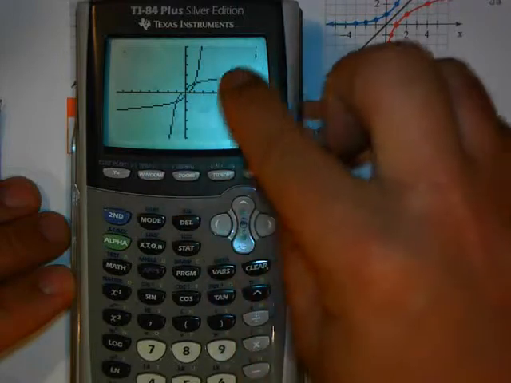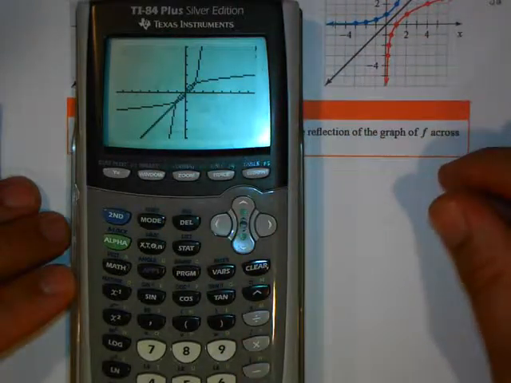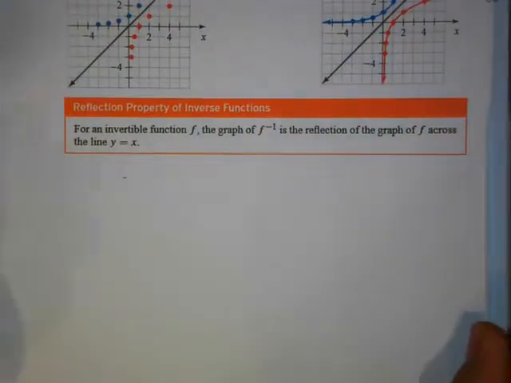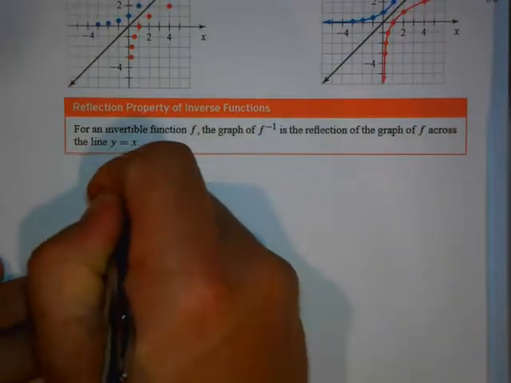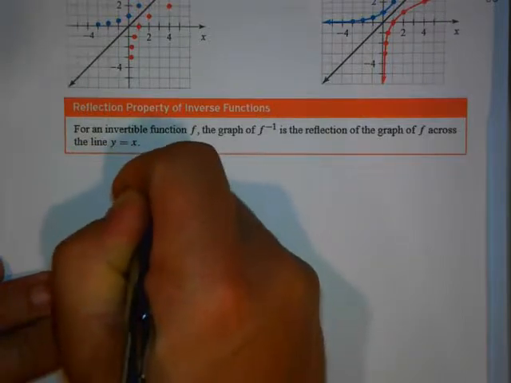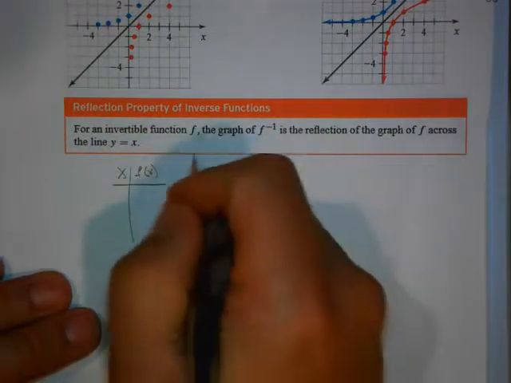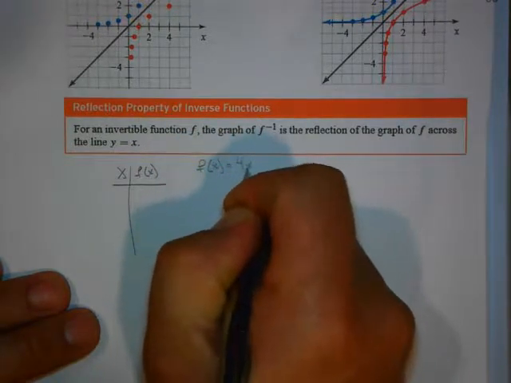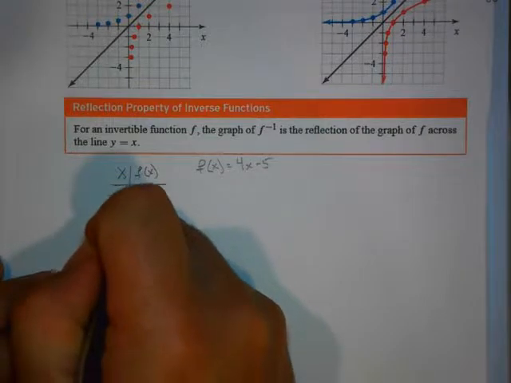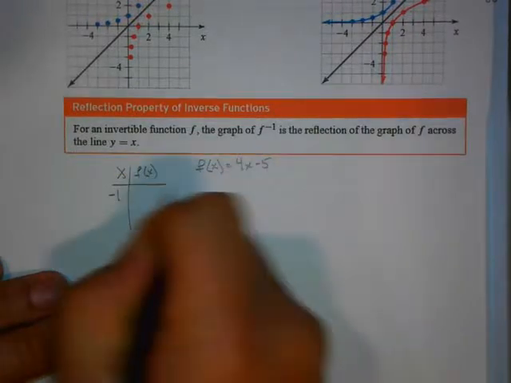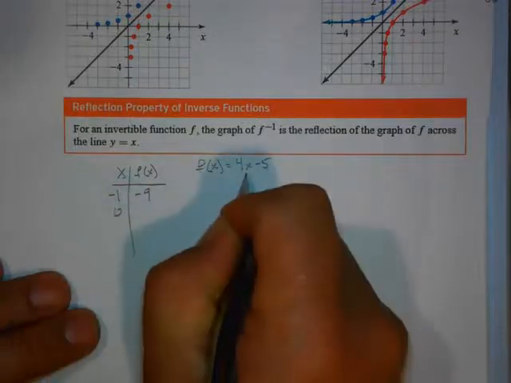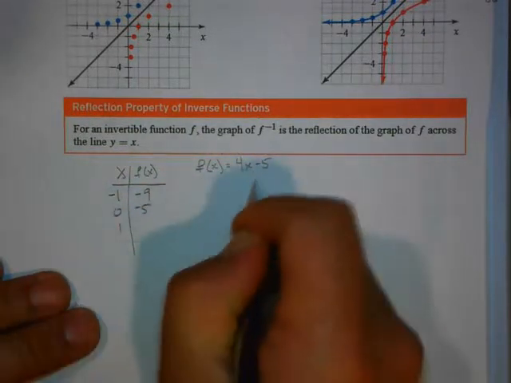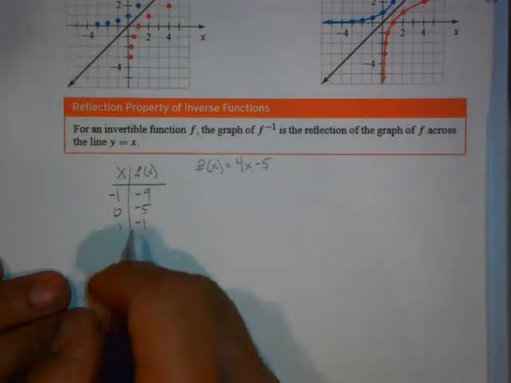So from a graph, and if you think about it, if we go x, f of x, and I'm going to do where f of x equals 4x minus 5. So if I say negative 1, 4 times negative 1 is negative 4, minus 5, negative 9. 0, 4 times 0 is 0, minus 5, negative 5. 1, 4 minus 5, negative 1. 2, 4 times 2, 8 minus 5, 3.